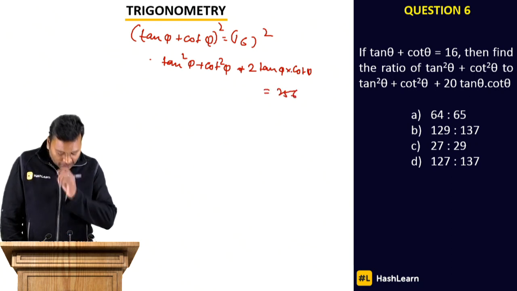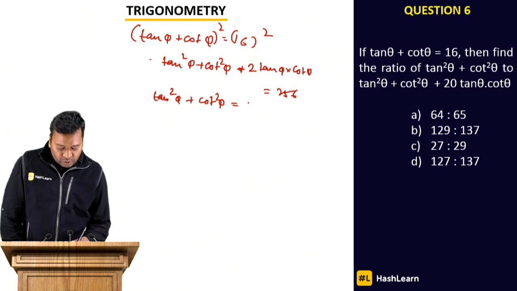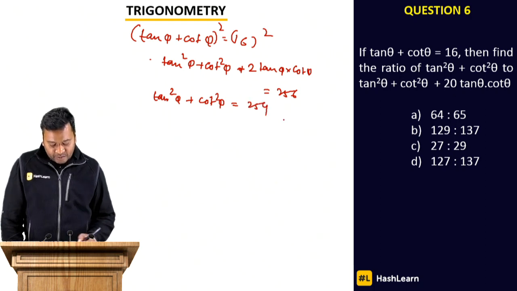So these two will cancel, tan theta and cot theta are reciprocal of each other. So that represents tan square theta plus cot square theta will be equal to 254.